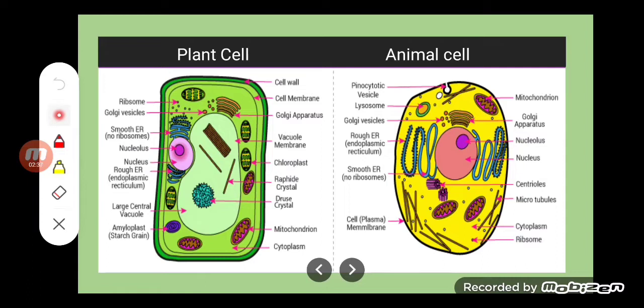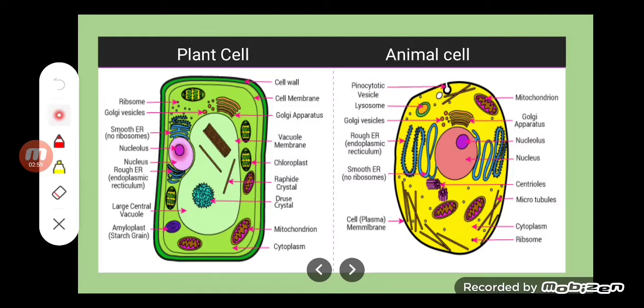In a plant cell, there is a large vacuole at the center. But if you look at the animal cell, you will not see any vacuole. And if vacuoles are present in animal cell, they will be very small in size.